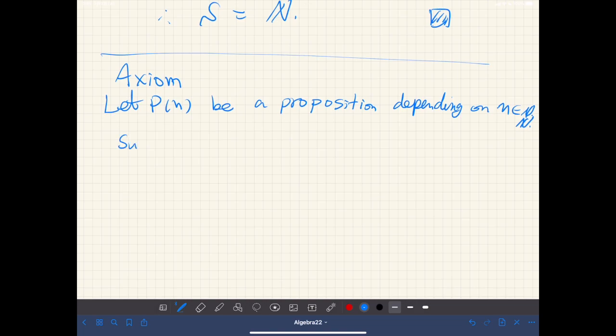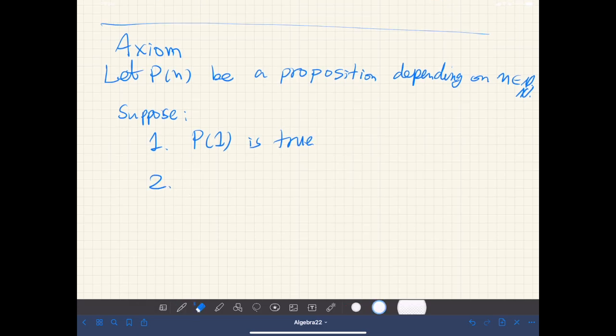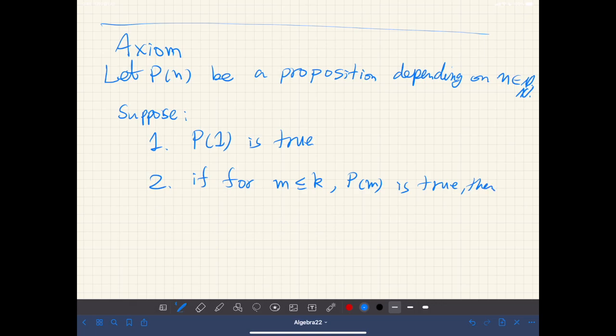And suppose 1, P of 1 is true. 2, if for each m less than or equal to k, P of m is true, then P of k plus 1 is true.